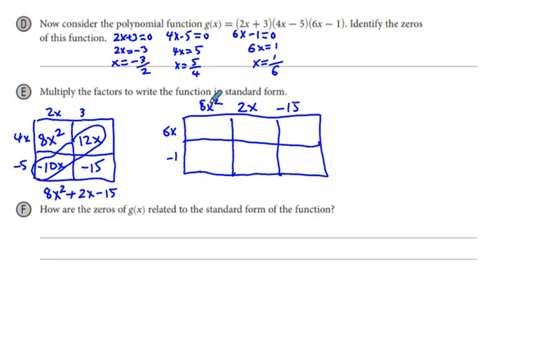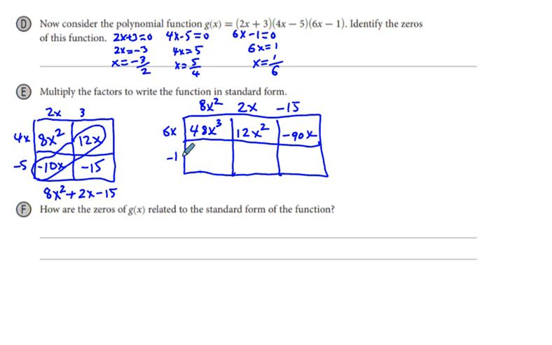And now multiplying these together, we have 6x times 8x squared, which is 48x cubed. And then 6x times 2x is going to be 12x squared. 6x times negative 15, that's a lot. 6 times 15 is going to be 90, so that's going to be negative 90x.